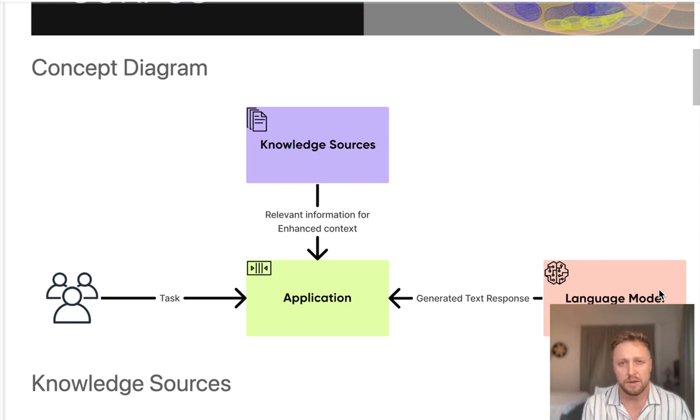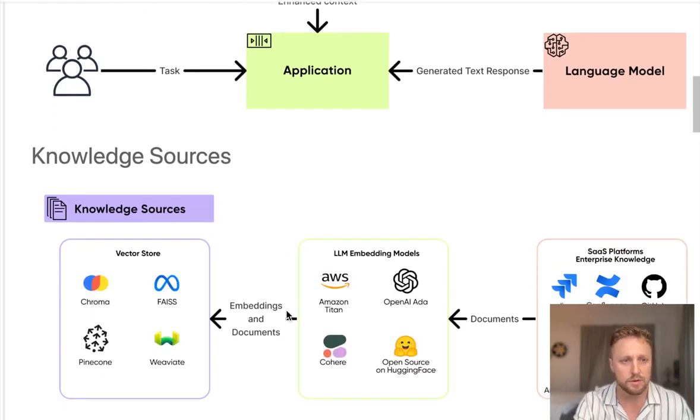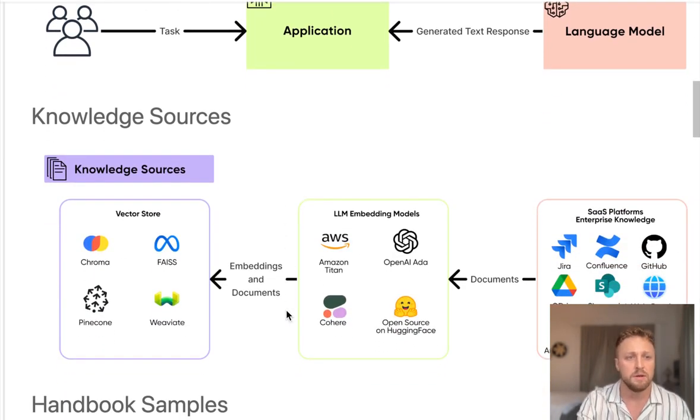It also can be a proprietary and commercial large language model like OpenAI, like Anthropic, etc. And the application combines everything together, gets the task from users and returns the output. Today's episode will be focused only on creating this knowledge source.